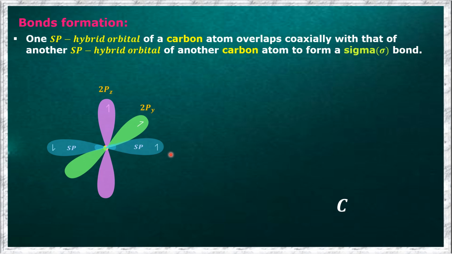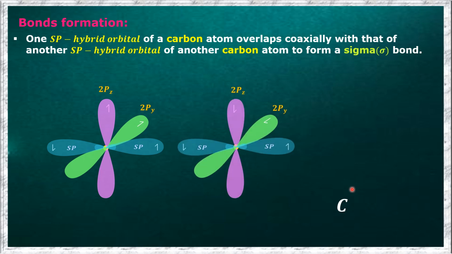In this, there are two sp hybrid orbitals containing an unpaired electron in each, and two 2p unhybridized orbitals containing an unpaired electron. So totally 4 unpaired electrons are available around the carbon atom now.